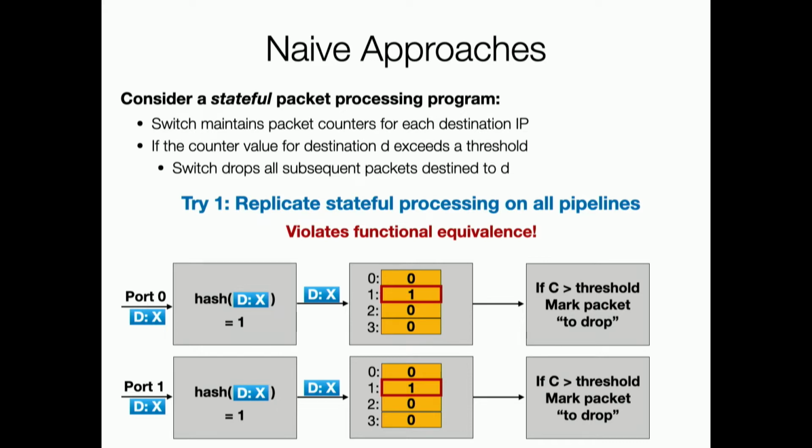Now, at this point, some of you, especially those with an architecture background, might have this question: hey, this looks very similar to the cache coherence problem in CPUs, and we have solutions for that. And actually, it's true. In principle, you can implement a cache coherence protocol inside your programmable switch, and that might solve the problem.